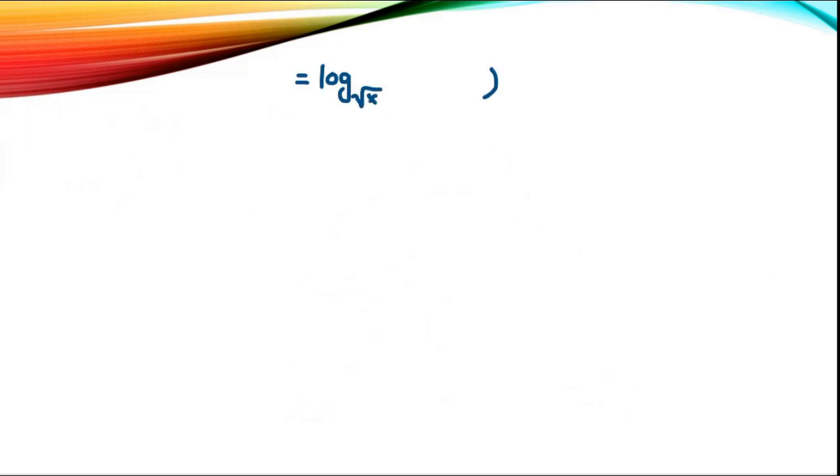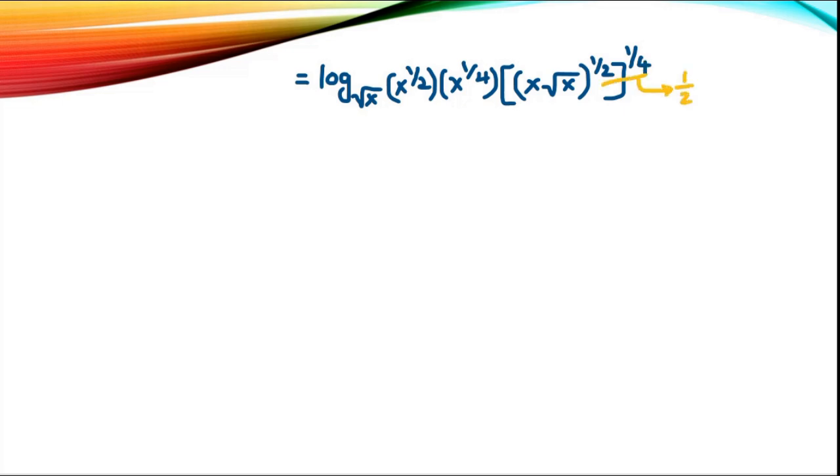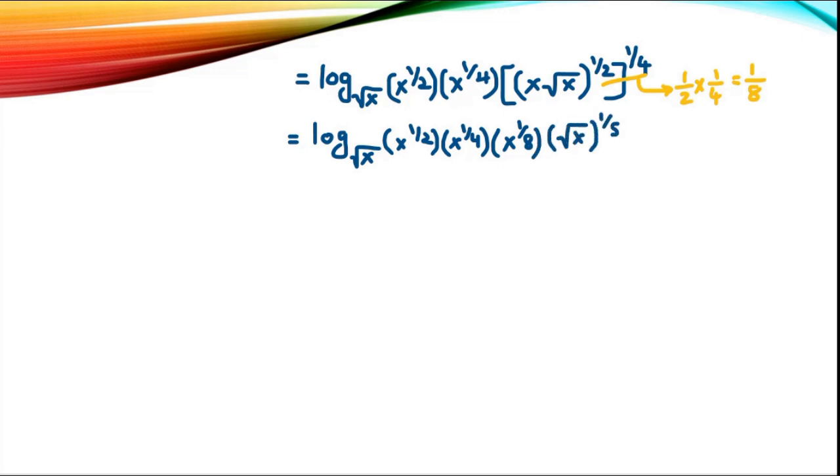Now this 1 by 2 and the 1 by 4 powers are multiplied, which is 1 by 8. So the expression becomes log base square root of x of x to the power of 1 by 2, x to the power of 1 by 4 and x to the power of 1 by 8 with remaining 1 square root of x whole to the power of 1 by 8.